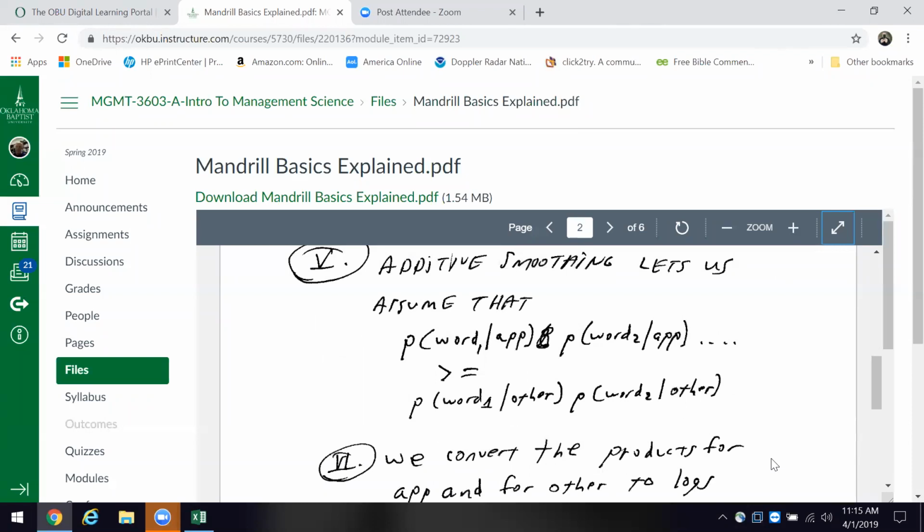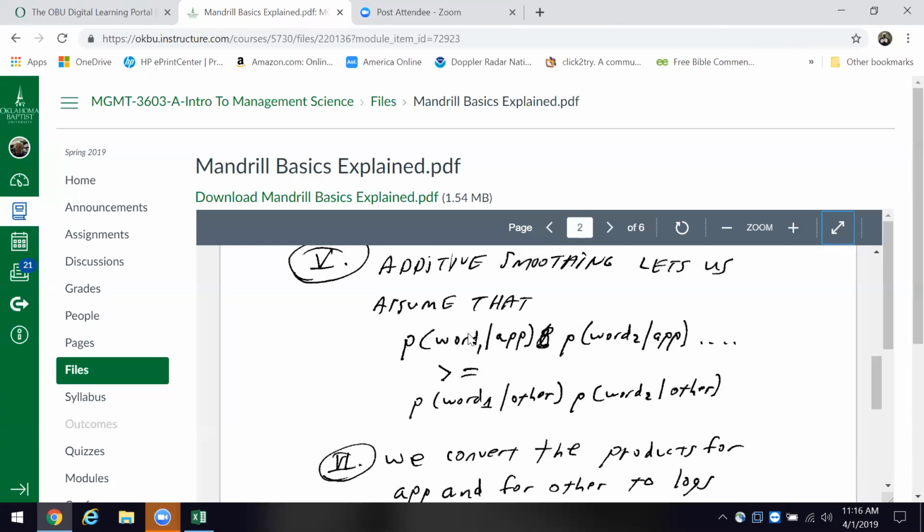okay? And it'll be greater than or equal to this probability that it is the other. So you'll notice here at the top, he's got the probability that the word deals with the app, the probability of word 1, then word 2, and then it's greater than or equal to the probability that it's about something else.